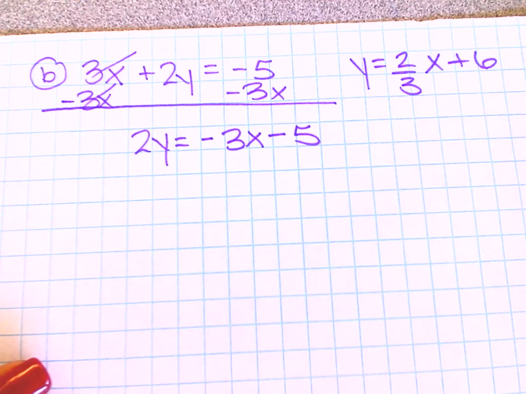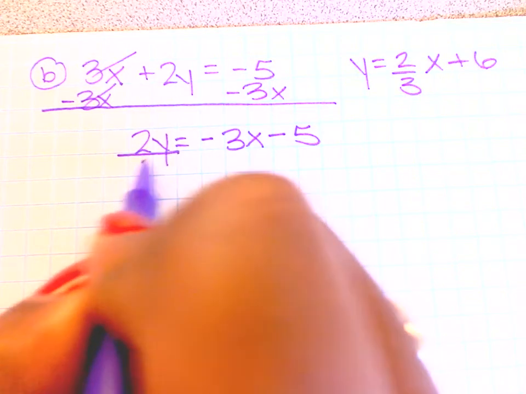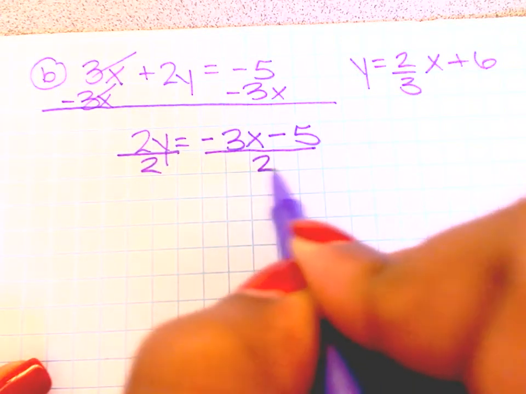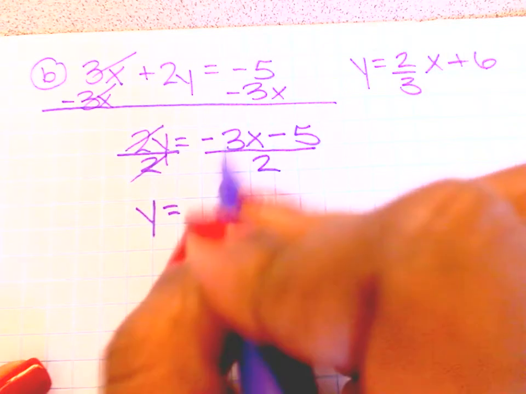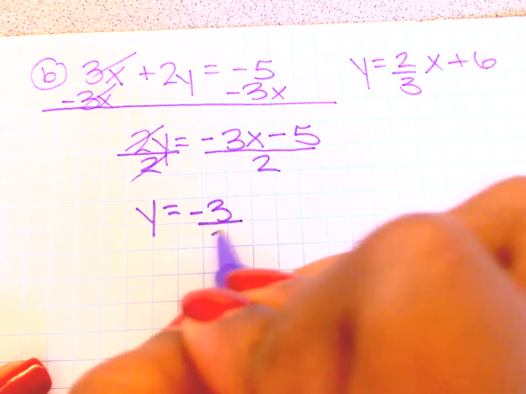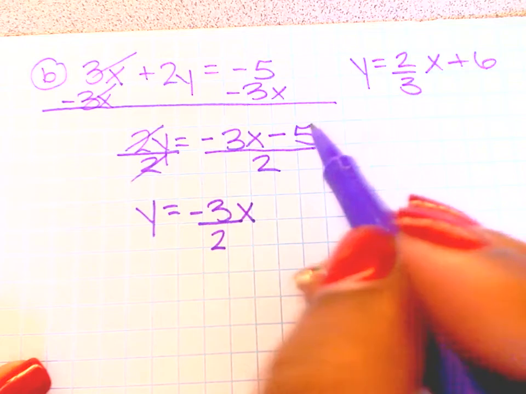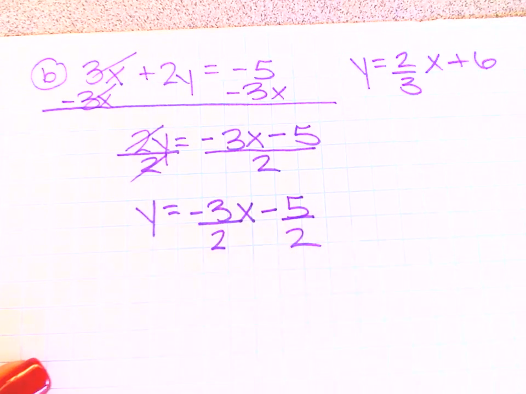Make sure everyone's writing every step with me. Last thing I need to do is divide by 2 to get y by itself. My 2's cancel. I'm left with y equals negative 3 divided by 2x minus 5 over 2.